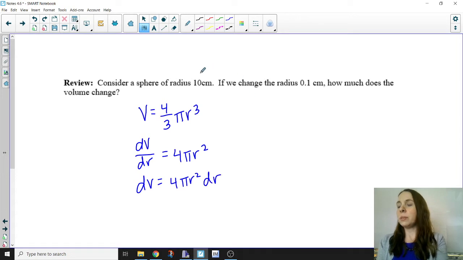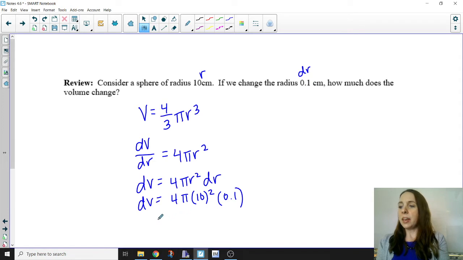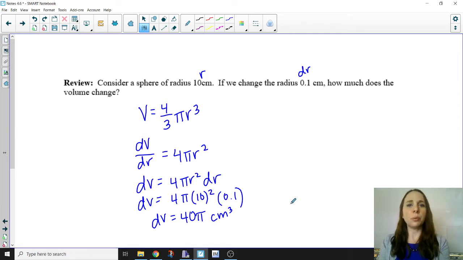Now we will take the radius to be 10 centimeters and the change in the radius dr to be 1/10 of a centimeter. And that gives us 40 pi cubic centimeters, or approximately 125.66 cubic centimeters.